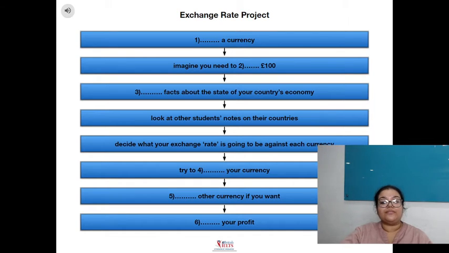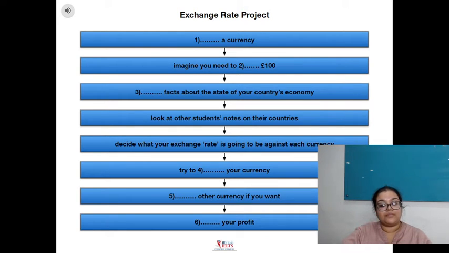You could all make up a little information sheet with your notes on, clearly legible, because then I want you to get together, we can do that next week, and to go round and read about each other's countries. When you see how well or badly each country is doing, I want you to decide what your exchange rate is going to be against all the other currencies.